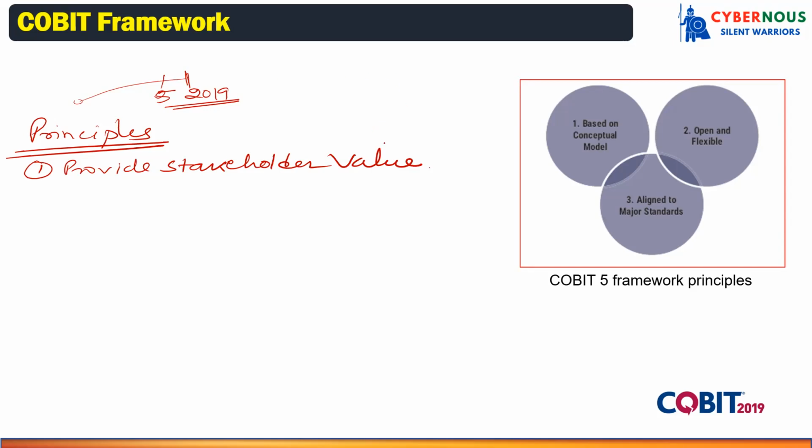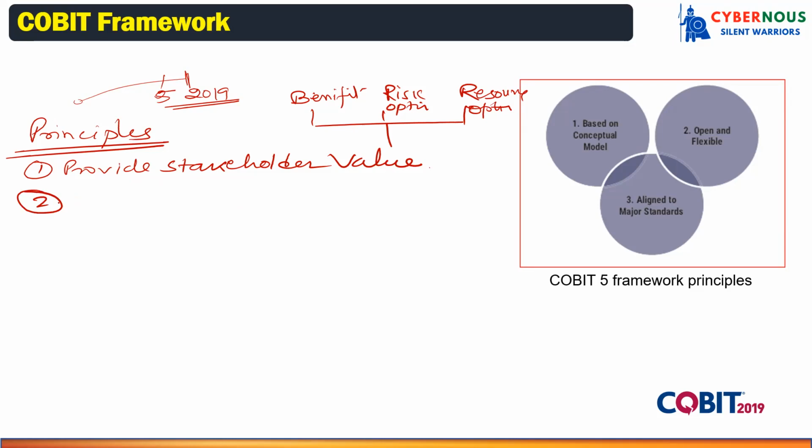If you remember correctly, yesterday we spoke about what these values are: benefit realization, risk optimization, and resource optimization. To do all that, you need to implement controls to make sure that those kinds of values are delivered to your stakeholders. That's principle number one.